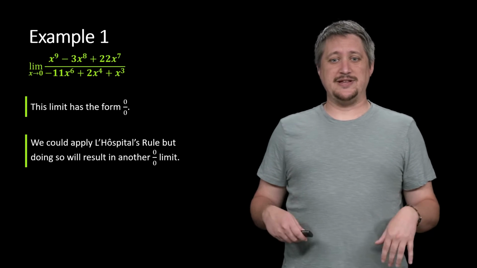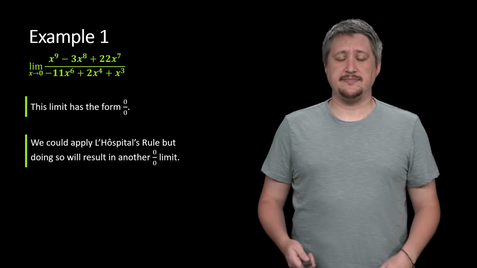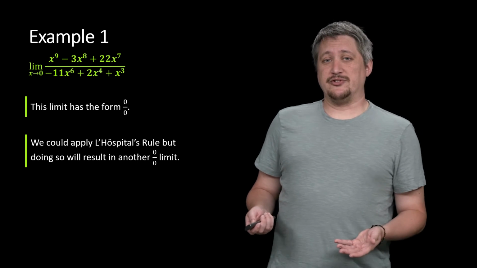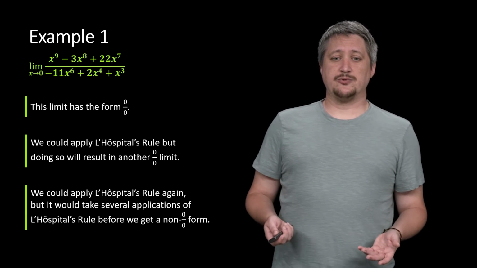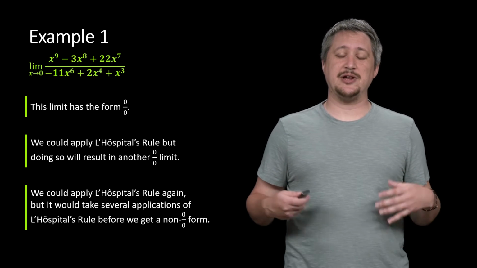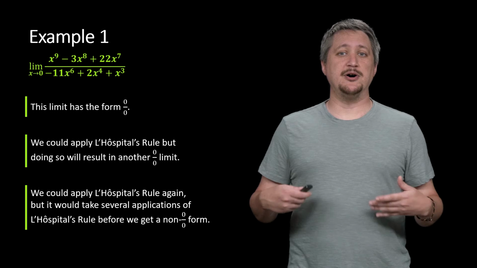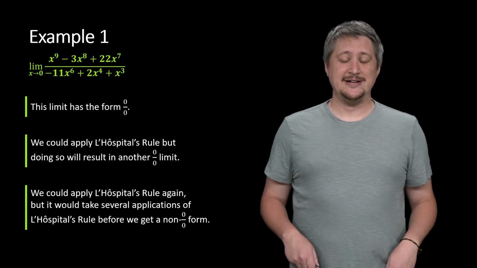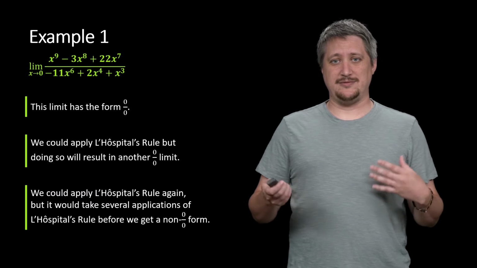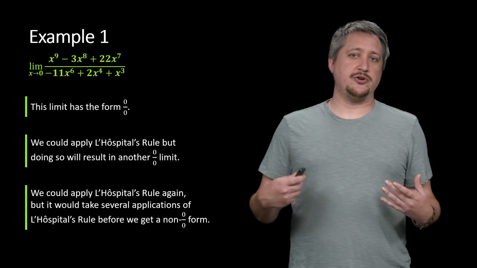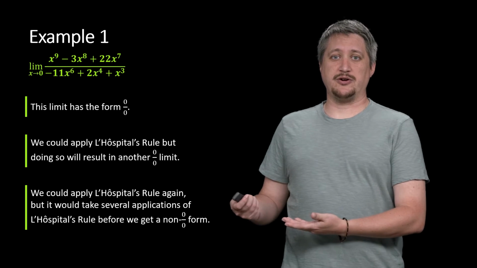Plug in 0 again, and we'd get another 0 over 0 limit, so we could apply L'Hopital's rule again, but we would get another 0 over 0 limit. In fact, we'd have to apply it a bunch of times before we get something other than 0 over 0. I'd have to take 6, 8, 10 derivatives, depending on how far you go, before getting to an answer.